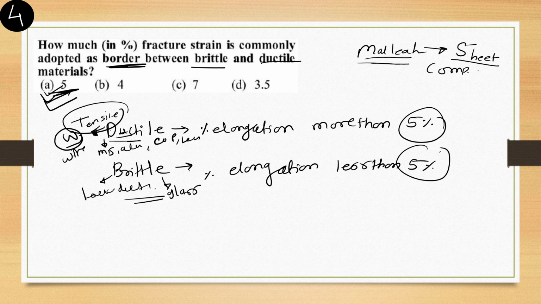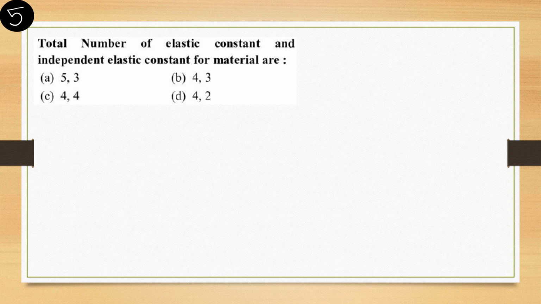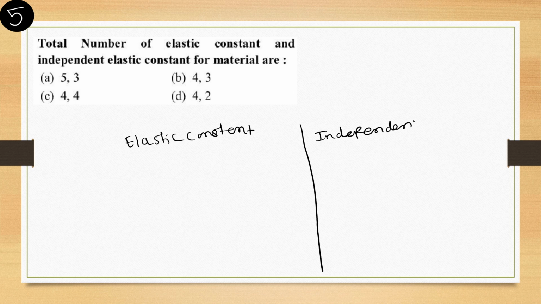Then the next question, the fifth question, is: the total number of elastic constants and independent elastic constants for a material are. For elastic constants and independent elastic constants there are three categories, so here we make a table. In it, first we take elastic constant, and in the second we take independent elastic constant.